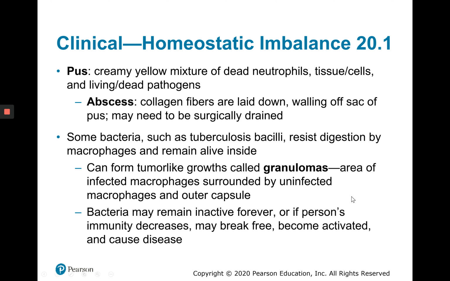A granuloma is a tumor-like growth that consists of that infectious microbe and usually infected macrophages. It's possibly surrounded by uninfected macrophages or some fibrous tissue, and even though the bacteria may remain inactive for really forever, if a person's immunity decreases and any of those microbes break free, they could cause a serious disease that could be deadly.